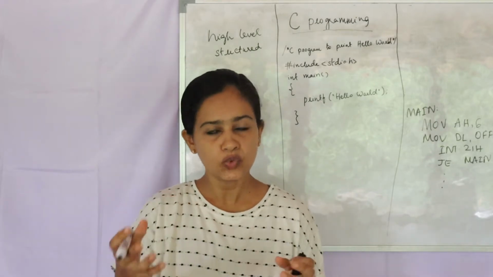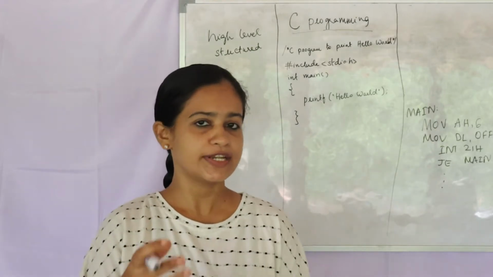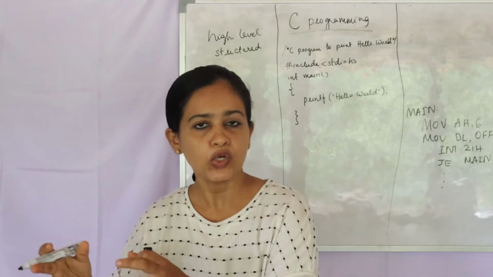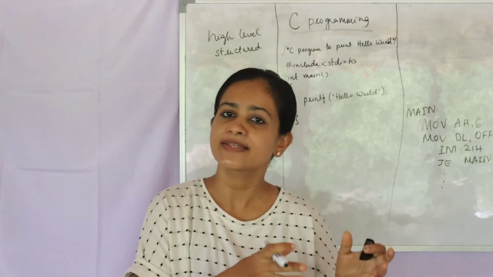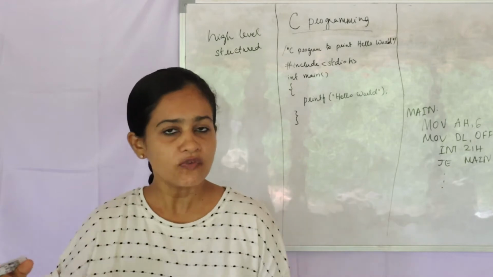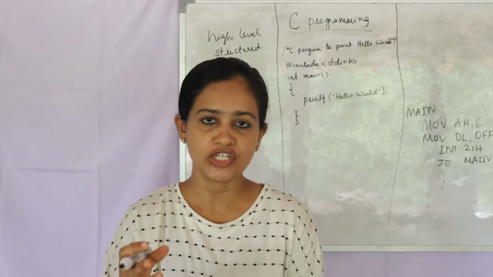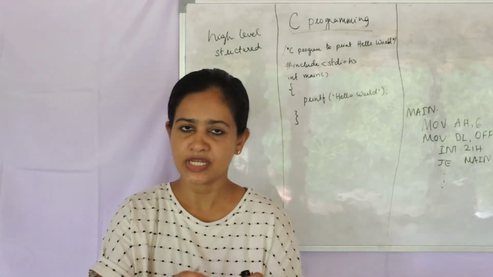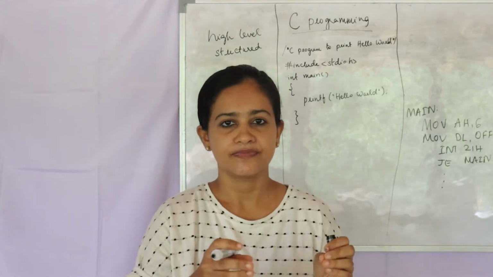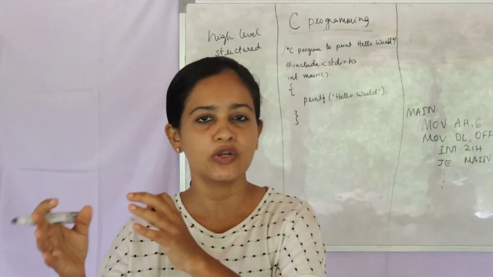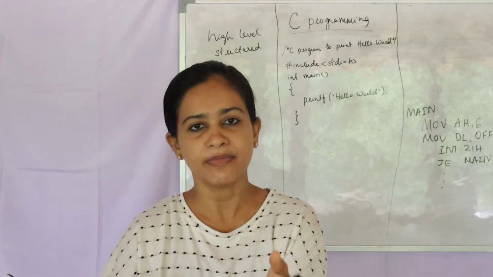See, there are basically two types of languages related to computers. One is low-level language and another one is high-level language. Lowest level language is machine language or machine code, which is in terms of zeros and ones. A human being can't understand just by looking at zeros and ones what the meaning of it is.